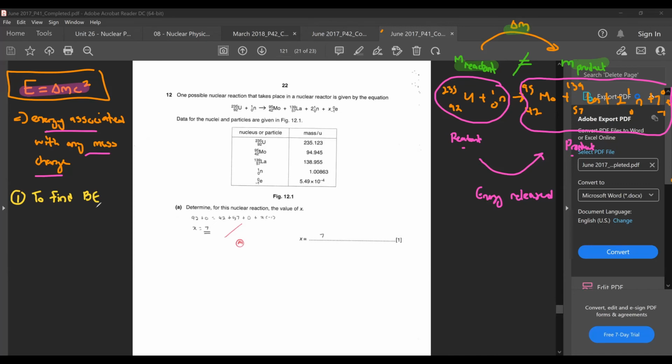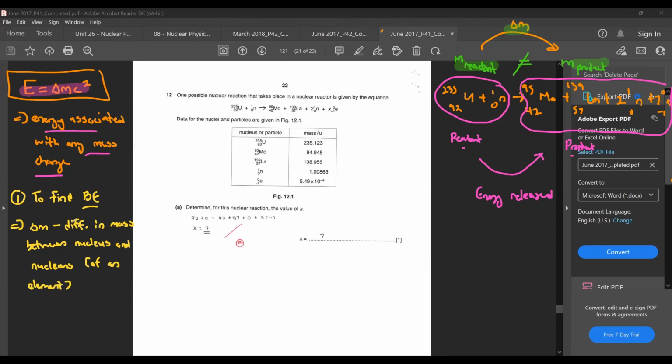When you are finding binding energy, your delta M is the difference in mass between nucleus and nucleons of an element.